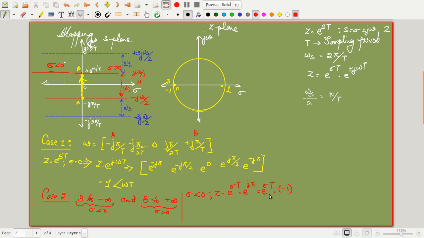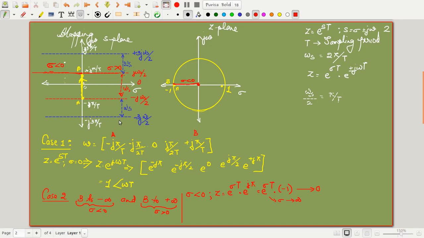That means it is going from B towards 0. The magnitude is decreasing, and when sigma goes to minus infinity, what happens? This term goes to 0. So it starts from B as sigma decreases and then it will hit 0 when sigma equals minus infinity, right? So this is sigma less than 0.